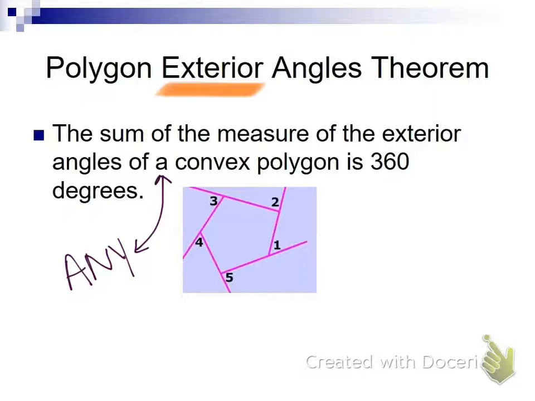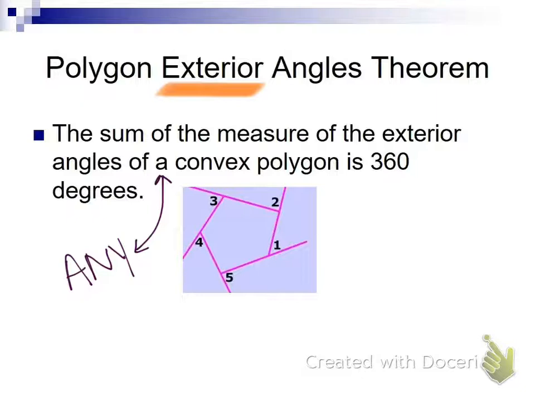This one should, in my opinion, be one of the easiest things to remember, but some students get caught up on the fact that for the interior ones, it matters how many sides there are, so they think it should matter for exterior, but that's not the case. For interior, how many sides there are matters. For exterior, it's always going to add up to 360.